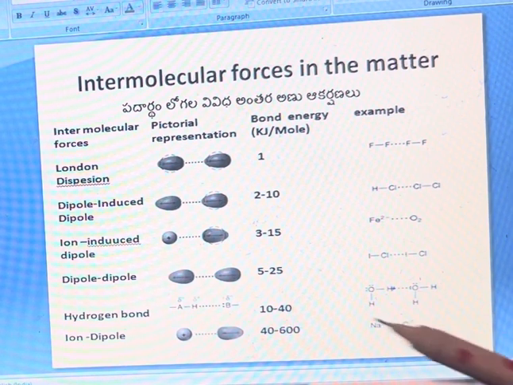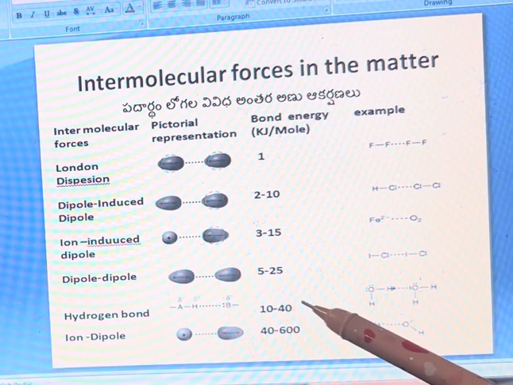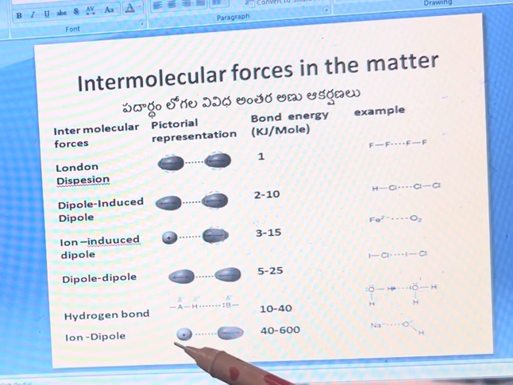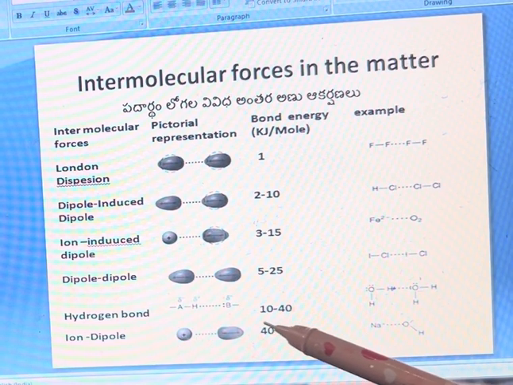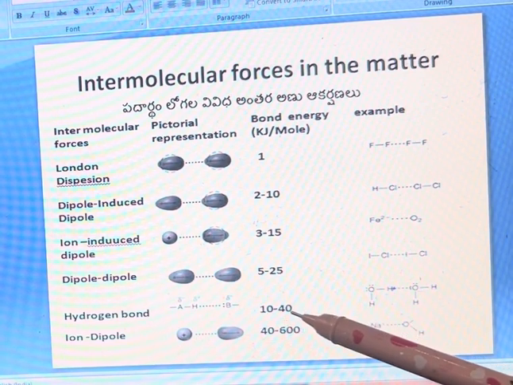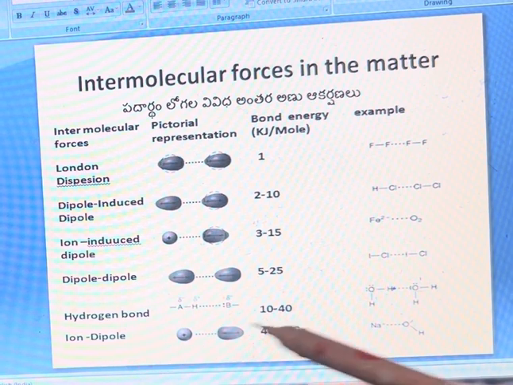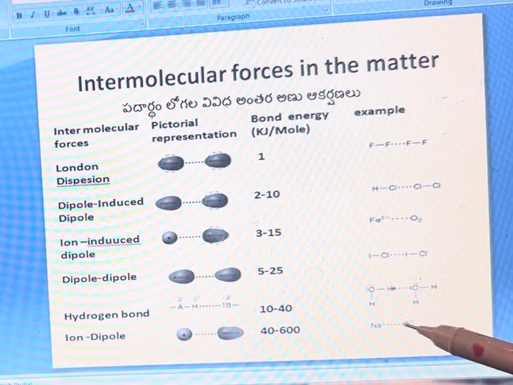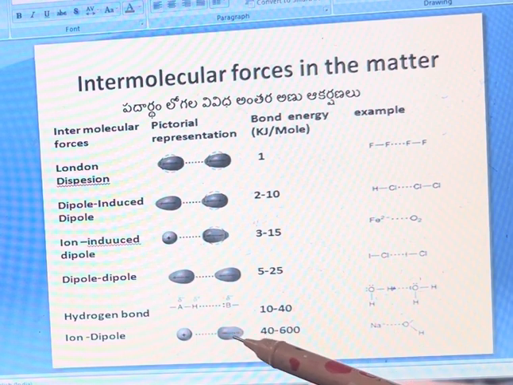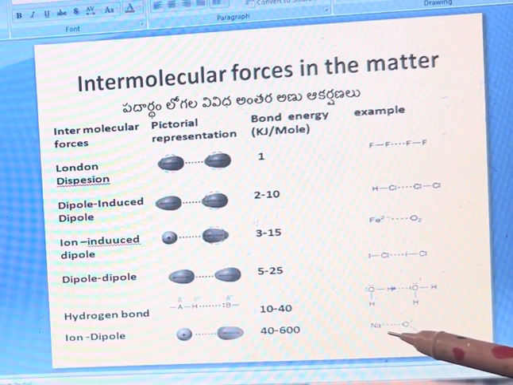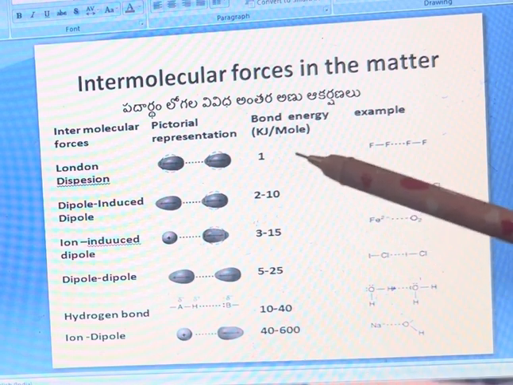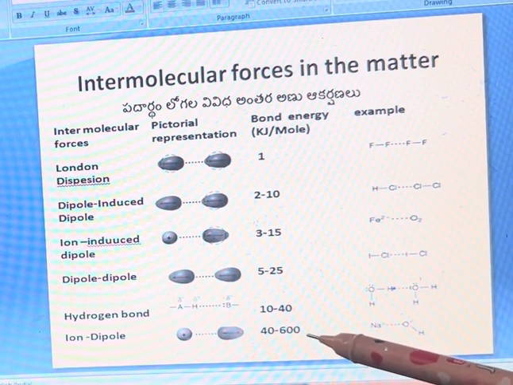These are associated molecules, 10 to 40 kilojoules per mole. Ion-dipole is not in our syllabus, but it is even stronger than hydrogen bond. A sodium ion and a dipole, a water molecule, H2O is a dipole. The attraction between the ion and dipole is possible, though rare. The bond energy is 40 to 600 kilojoules per mole.